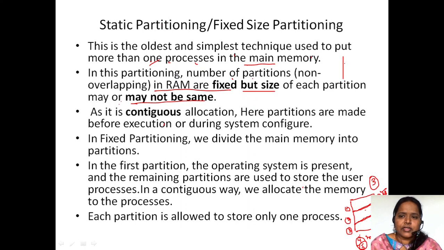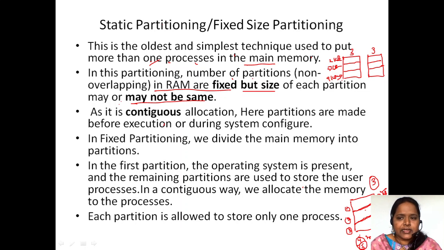Suppose this is the memory, divided into three partitions, and another memory is also divided into three partitions. Here the size of the first partition is 2 KB, the second is 5 KB, and the third is 9 KB.